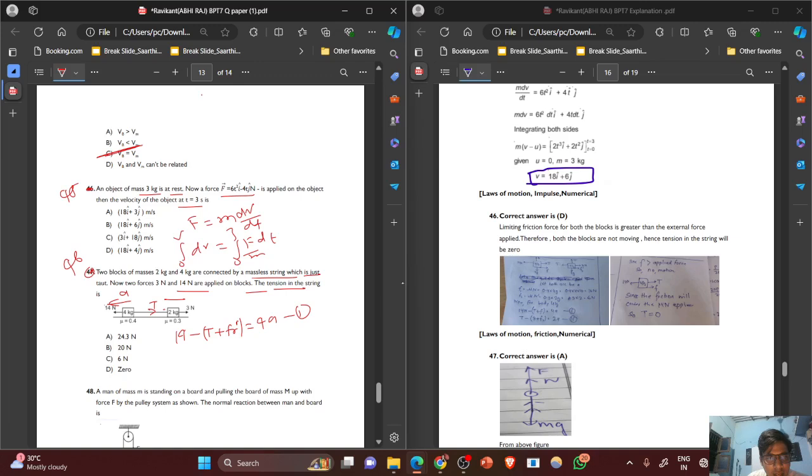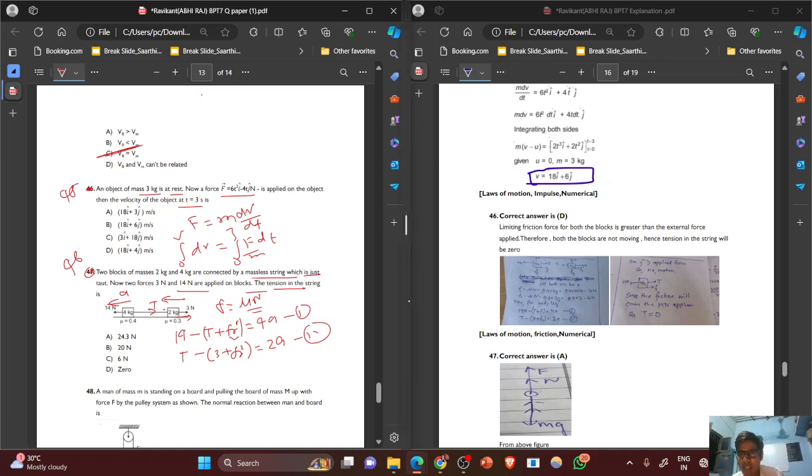Second, there will be acceleration in this direction, so T will be in this direction and the block will try to move this way. The friction will be in this direction. So T minus 3 plus friction 2 equals 2a. You know friction is equal to mu into N for the limiting case. You have two equations and two variables, just solve it out and get the value of tension.